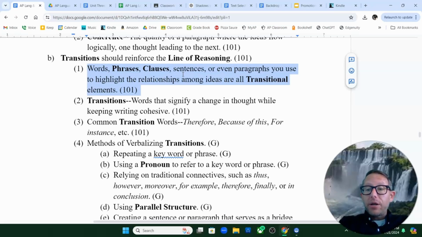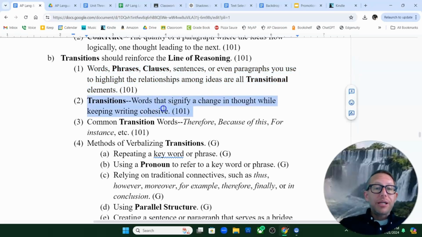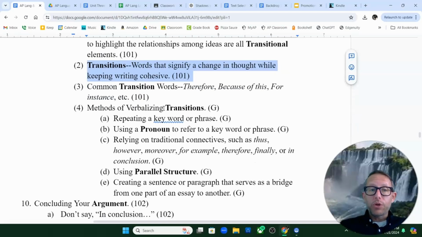It might just be a matter of changing one word or adding a little preliminary phrase to the beginning of a sentence. But if it helps to make things more transitional, by all means, do it, okay? And just to clarify, remember that when we're talking about transitions, we're talking about those words that signify a change in thought while keeping writing cohesive. So you're moving from one thing to another thing. One piece of evidence to another piece of evidence, claim to a claim, paragraph to a paragraph, whatever.